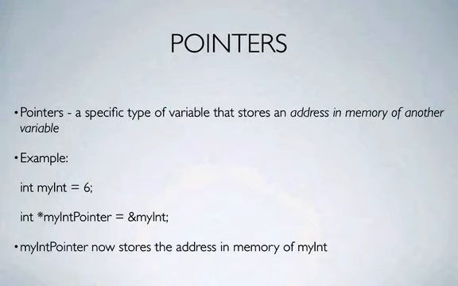So basically what we're saying is myIntPointer stores the address in memory of where myInt is located. The ampersand takes a variable's name, finds where it's located in memory, and then returns that. So you can think of the ampersand as the address-of operator. And so if you were to print myIntPointer out to the console, it stores a hexadecimal location in memory of where myInt is stored.